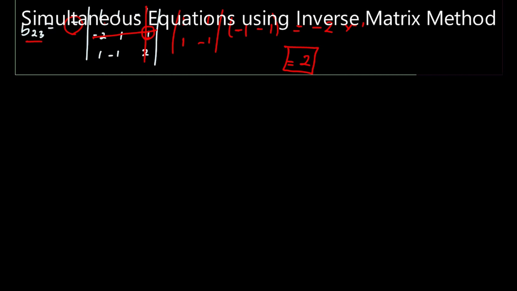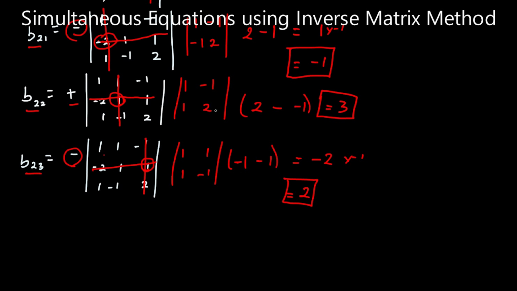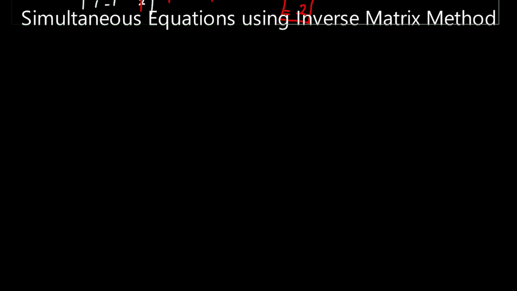We proceed and have the element now in B31. The sign for B31 is positive, so we have a plus.